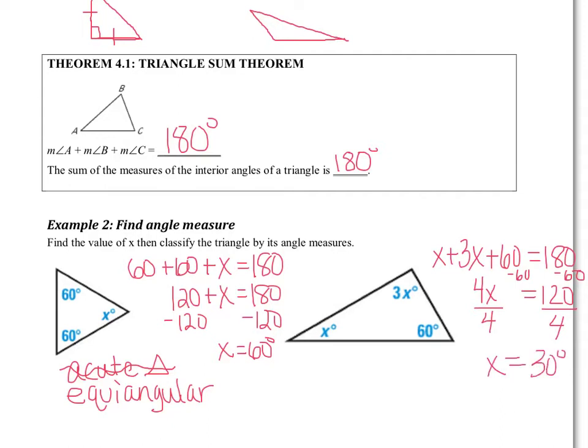So this angle right here is 30 degrees. This angle, instead of 3 times x, it's going to be 3 times 30, which is 90 degrees. And then my other angle is 60 degrees. This is a 30, 60, 90 triangle, and since that is a 90-degree angle, we know that's a right angle. So this is a right triangle.